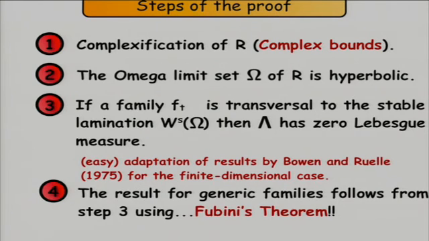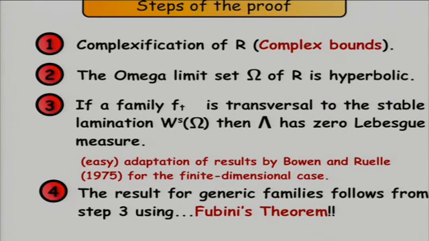And this is actually easy because you can use adaptations of the results of Bowen for the finite dimensional case. If you pick a hyperbolic set which is not an attractor in a finite dimensional case, which is at least, let's say, C2, and pick the stable lamination, this is a set of zero Lebesgue measure. So they proved that. So you can adapt this to prove this statement. So it's a totally abstract statement in an infinite dimensional setting.